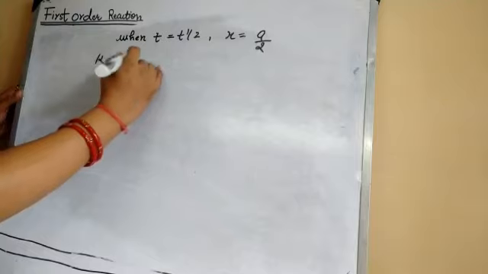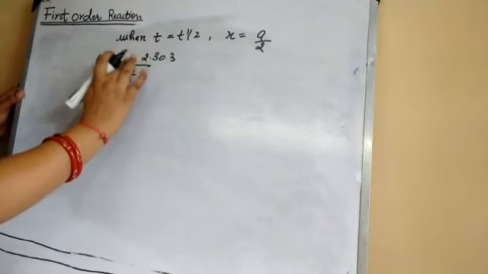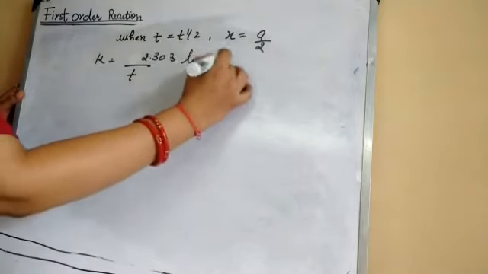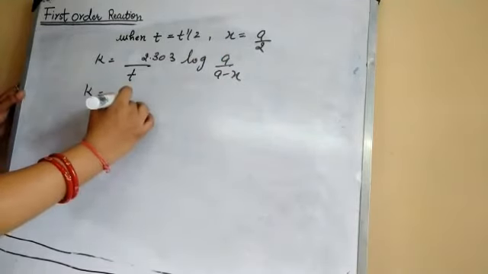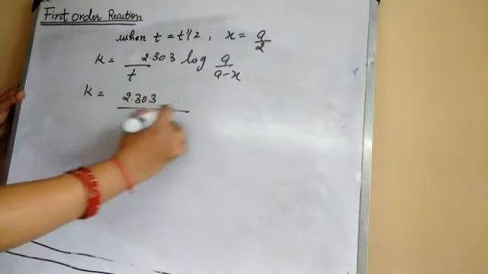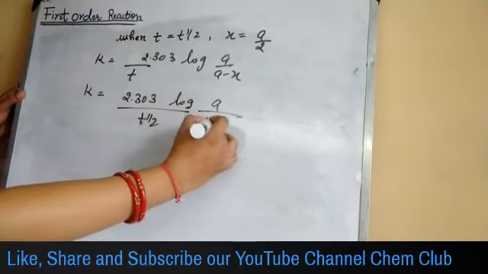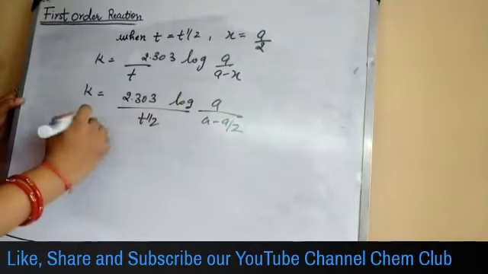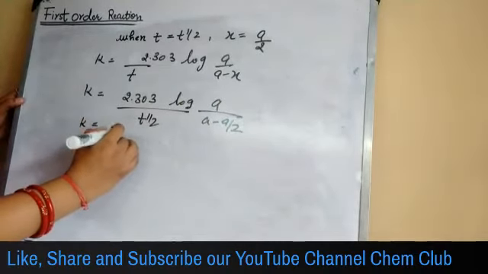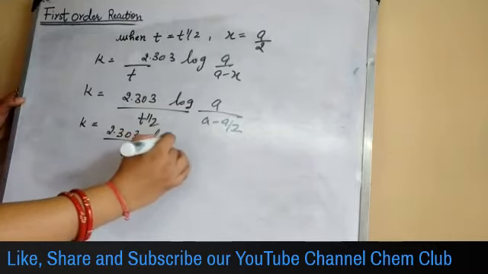Then I am writing my expression for the first order, k equals 2.303 by t, log A by A minus x. So k is equal to 2.303 by t half, then log A by A minus A by 2. So here it will become 2.303 by t half, log 2.